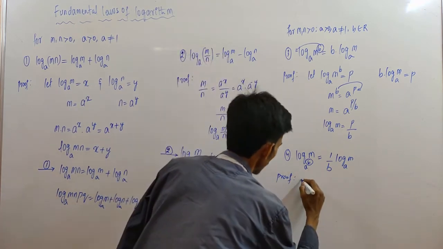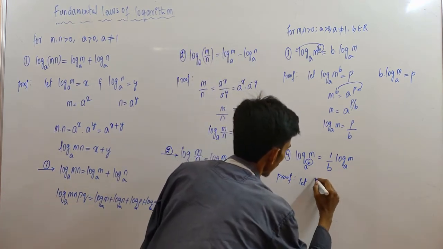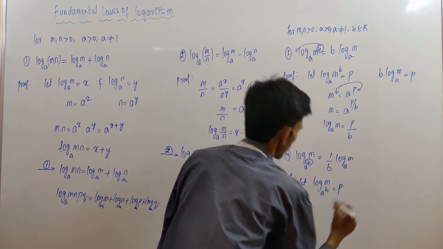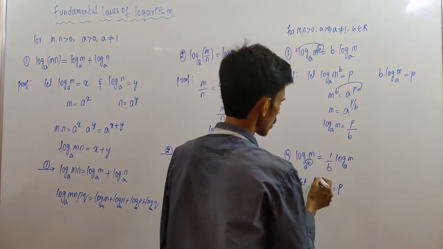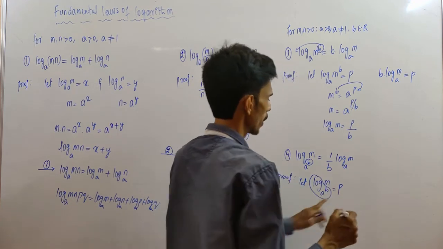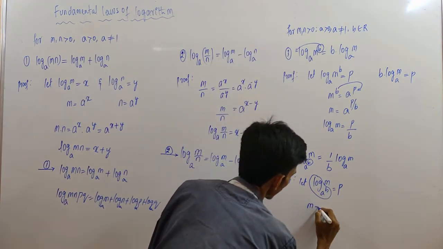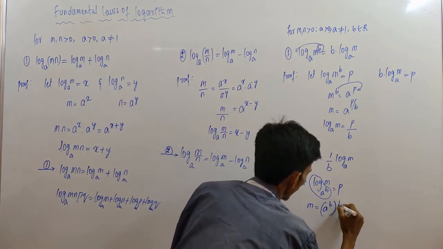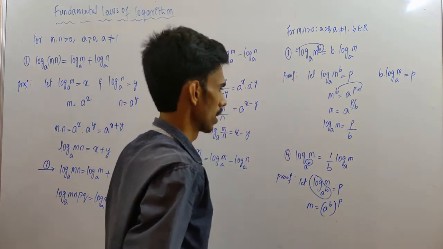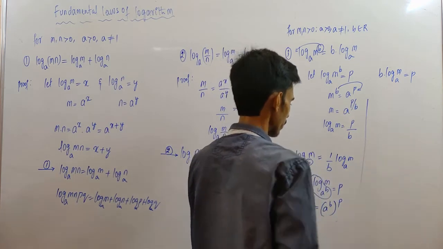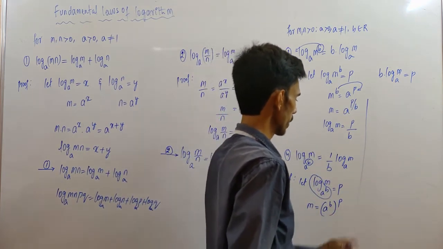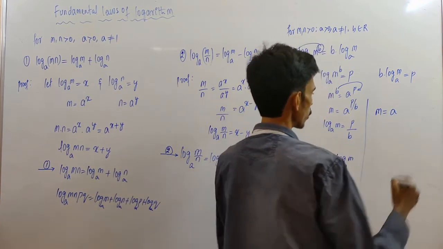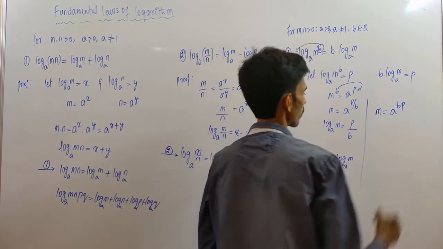Let us suppose this value as p. Let log m base a power b value be p. Now send this log a power b to that side. It will become m is equal to a power b whole power p. Now b into p is bp, so m is equal to a power bp.